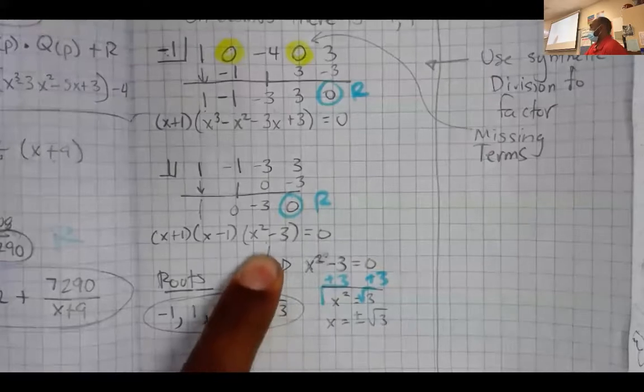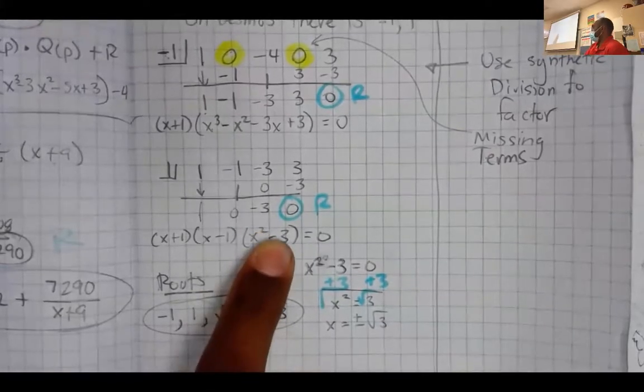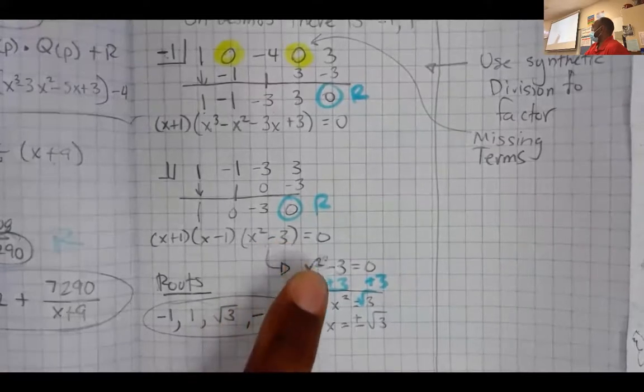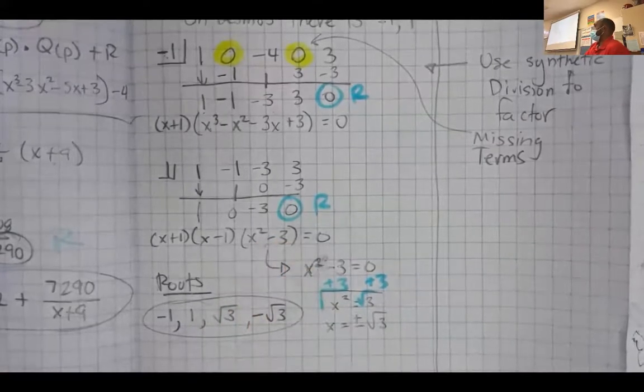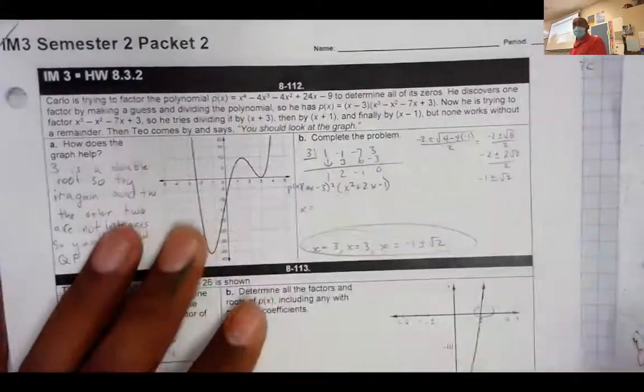Now, there will be some cases where that will not be just 2 numbers. It won't be just x squared and another number. It'll be 3 terms. In that case, now you're going to need the quadratic formula.